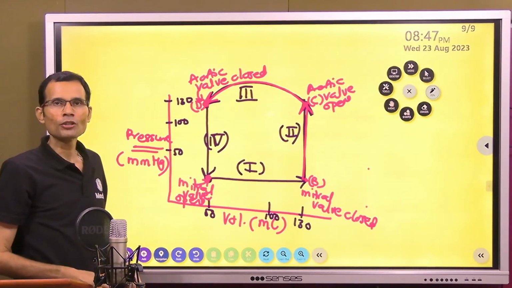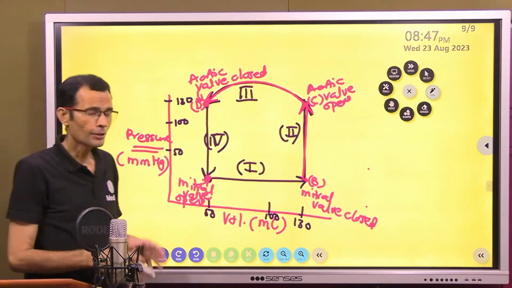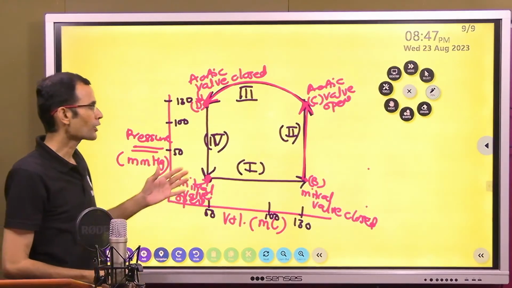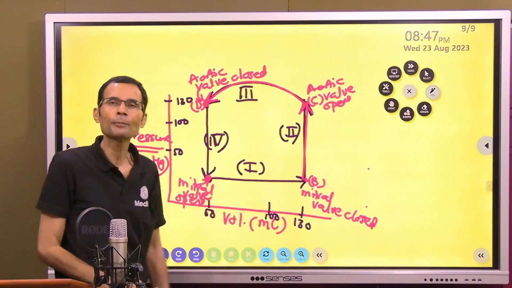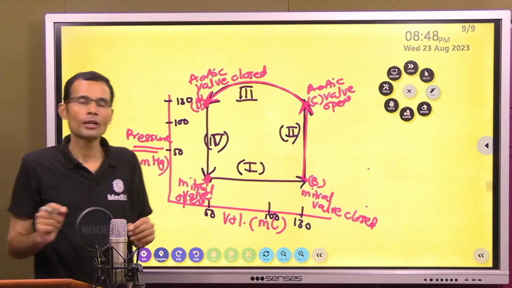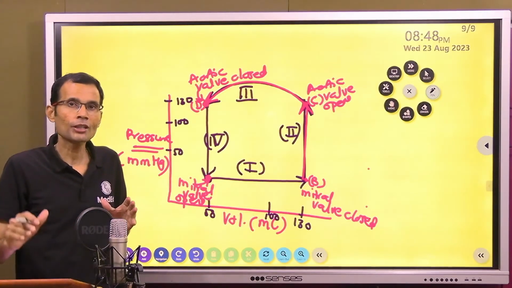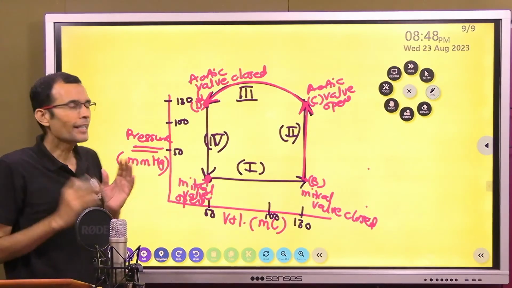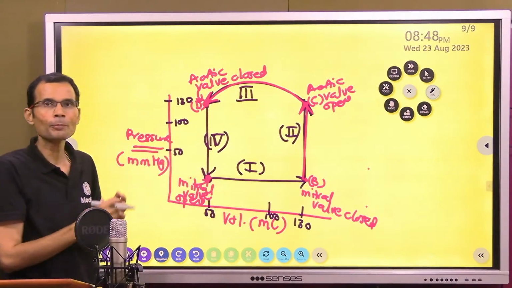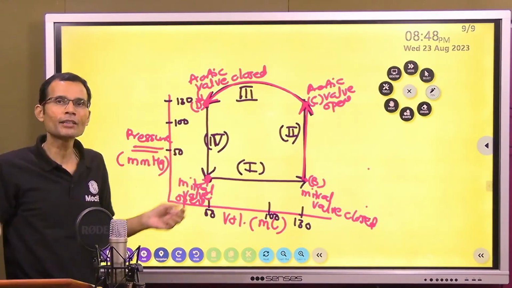The question was which point corresponds with arterial diastolic blood pressure. Answer was point B. Why? Because look, the question is on arterial blood pressure and they are showing the left ventricular curve and they want to correlate the two.